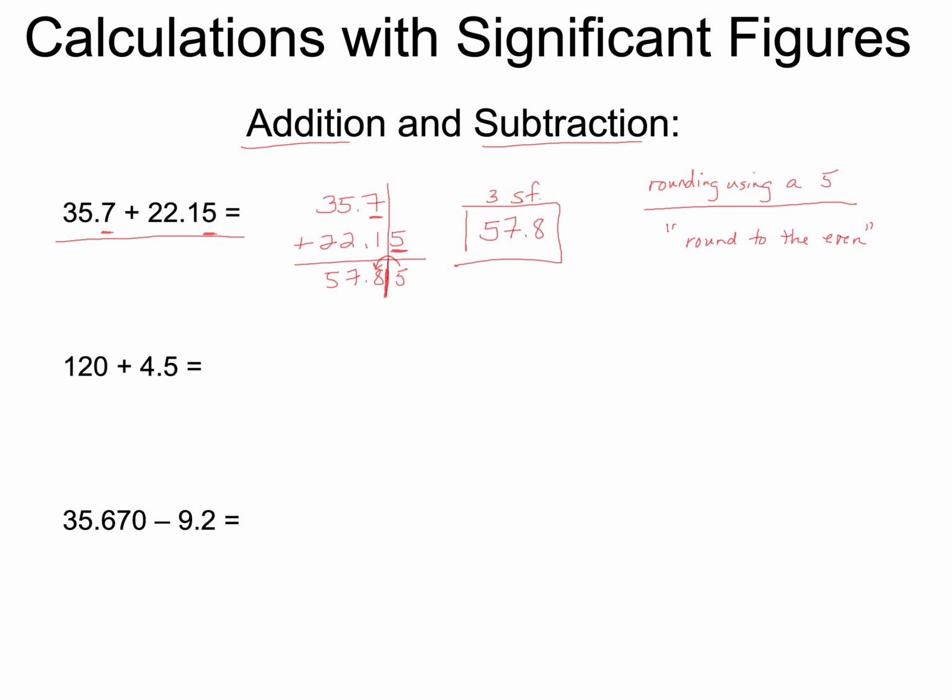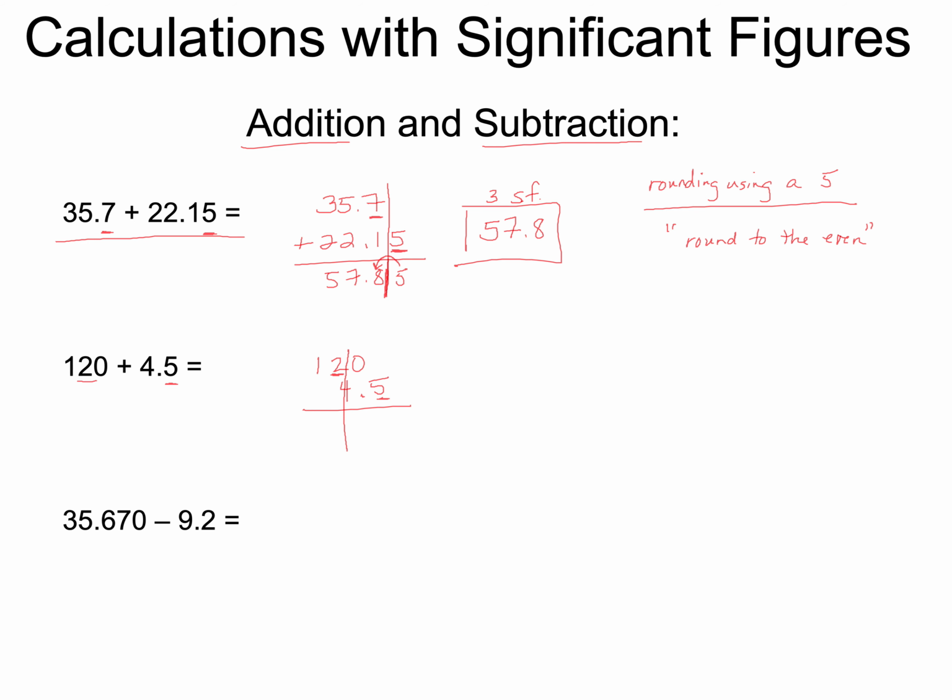So let's try this next one. The last significant digit in 120 is actually the 2. This trailing 0 is not significant because there's not a decimal in the number. The last significant figure in 4.5 is the 5. So when we apply the same rules, we add the 120 plus the 4.5. This is the last digit, the furthest we can go.